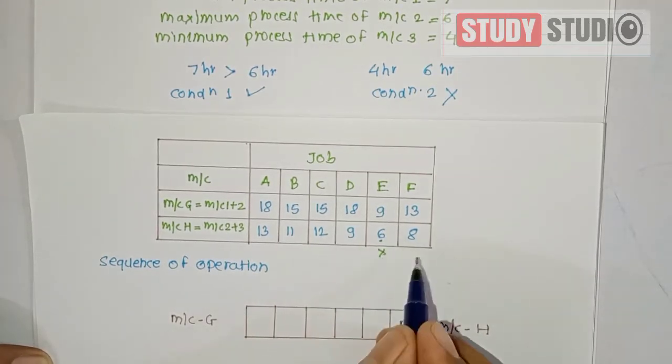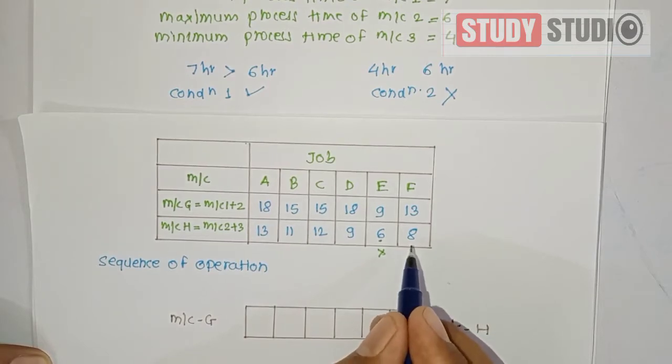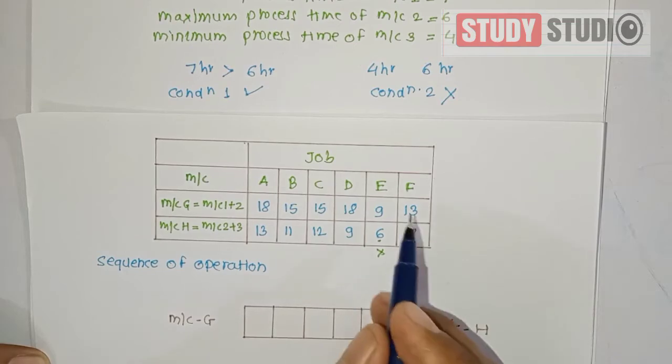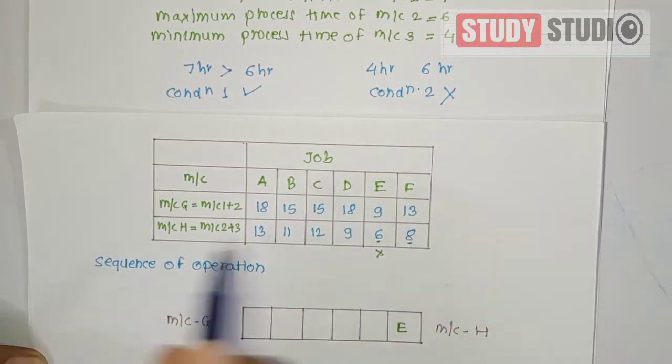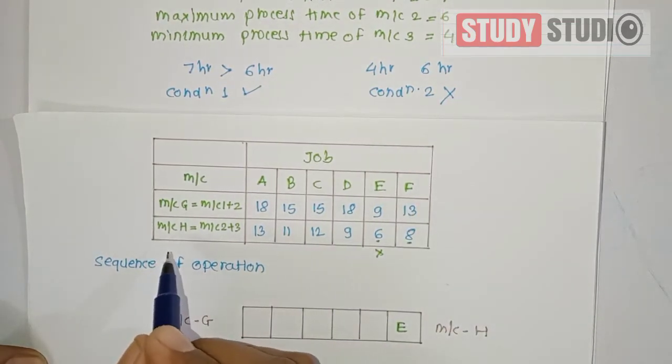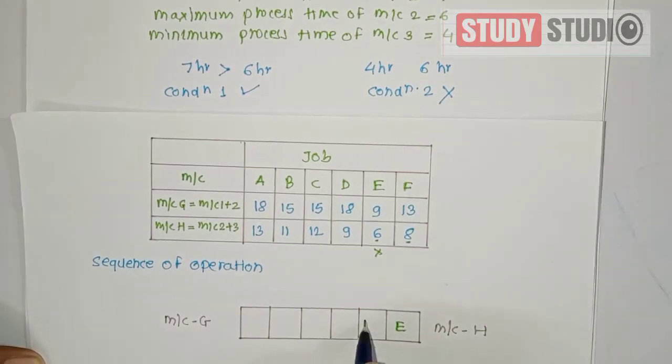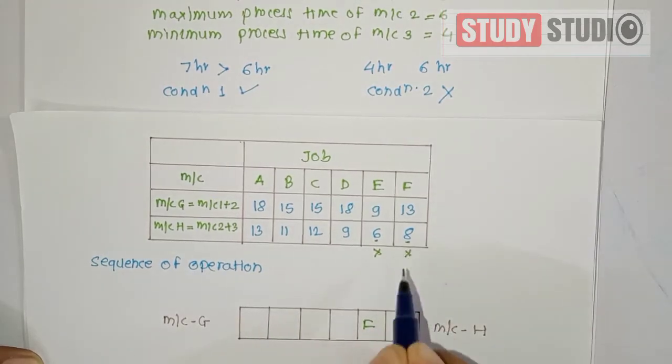Now from the remaining columns, the minimum processing hours are 8. So these 8 hours are taken by job F on machine H. So I'll write down this F on the side of H. Now cut this column.